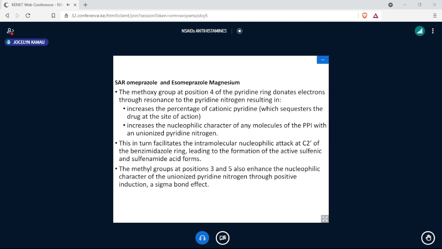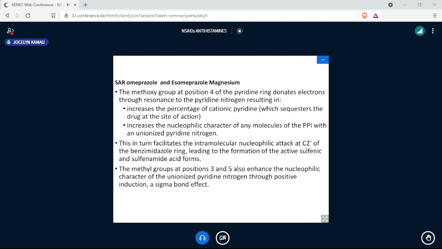The formulation of these drugs must be such that they will not be released in the stomach, because the stomach already is acidic. But they will be released in the duodenum, which is basically basic. The blood is also pH 7.4. These nitrogens are not that highly basic, so they're not protonated in the blood.